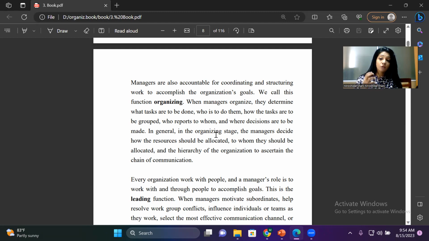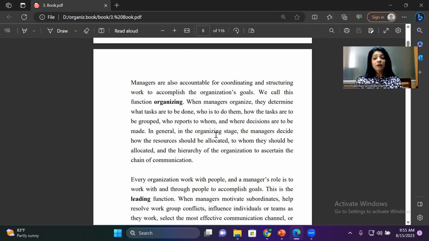In organizing, managers are more focused on looking into who can be doing each activity, what are their skills, their abilities, qualifications, right? And what are the resources we do have. Simply, we would be looking at what resources we have, physical resources and human resources, right?